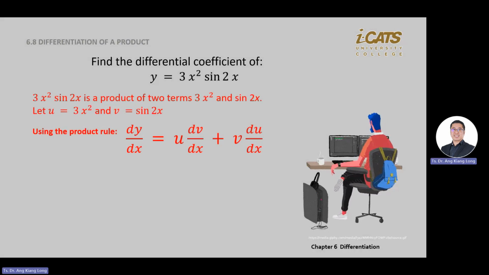Sine becomes minus cos, but again this one has 2x, so bring the 2 to the front. Sorry, sine is cos, cos is minus sine. My mistake. Good.